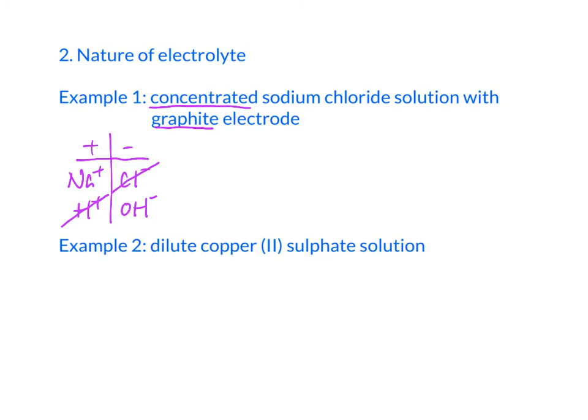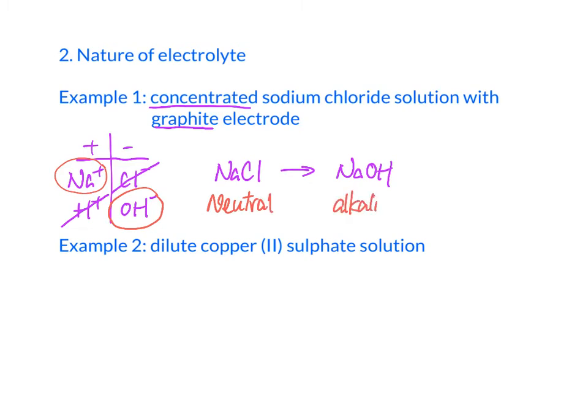So by looking at the ion table, you will find that the solution will become sodium hydroxide because we just have sodium and hydroxide ions left behind. So the nature of the electrolyte will change from a neutral solution to alkaline.